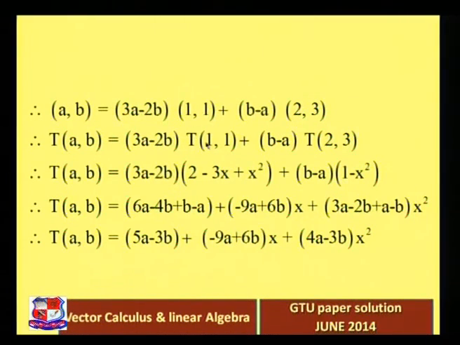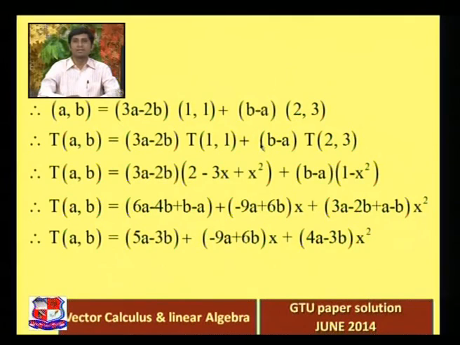Now applying T on both sides, our transformation is T. You will get T of (a, b) is equal to (3a minus 2b) into T of (1, 1) plus (b minus a) into T of (2, 3), right?